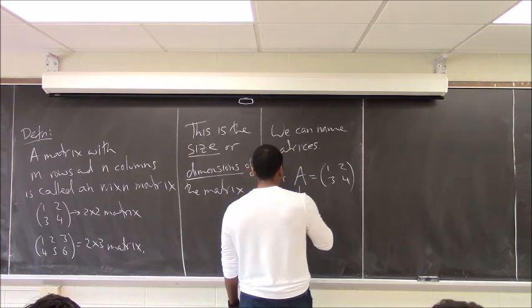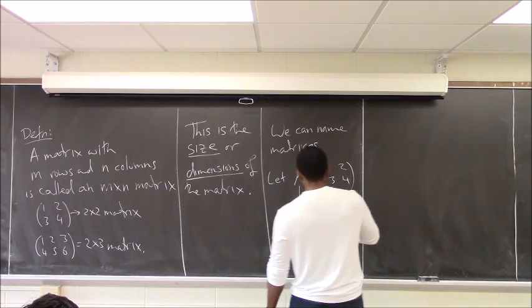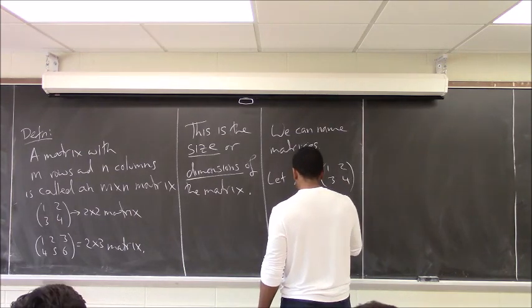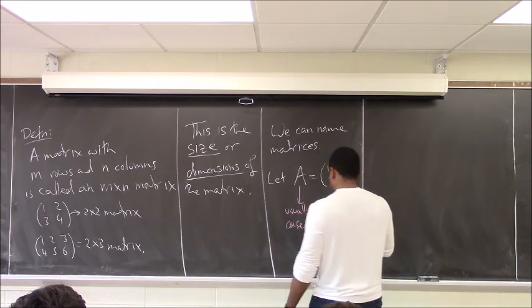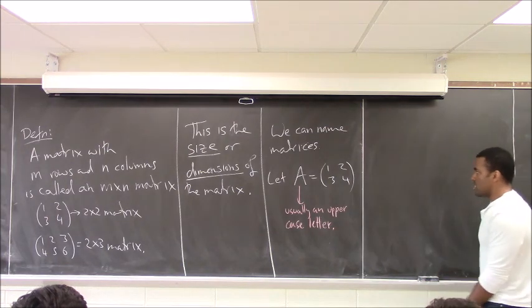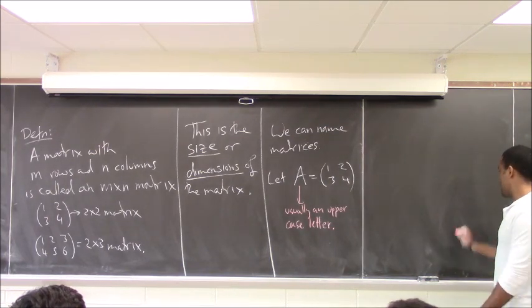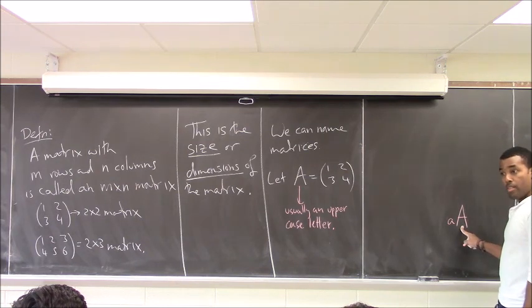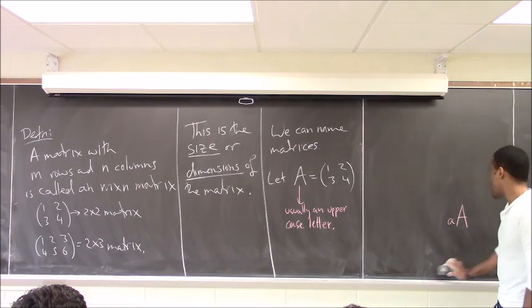It's usually an uppercase letter. Of course, usually means not always, but chances are, if you see little a followed by a big A, this would be thought of as a matrix, while that is thought of as a number. Right? That's very common.